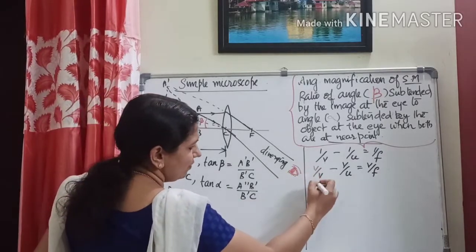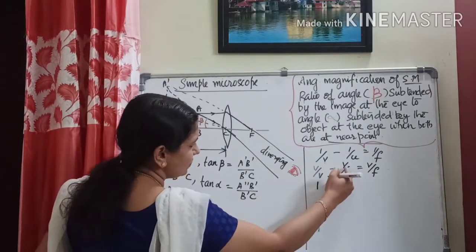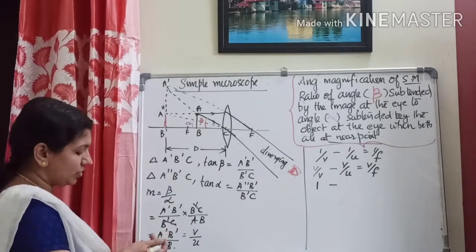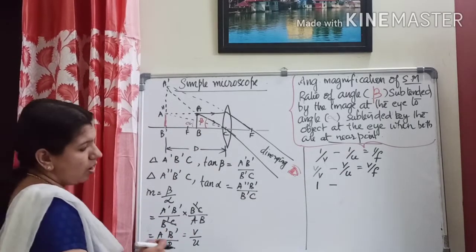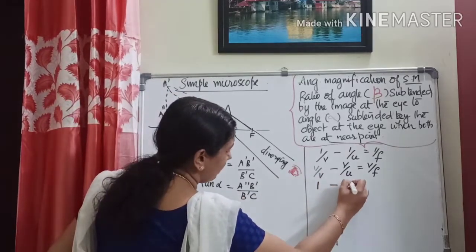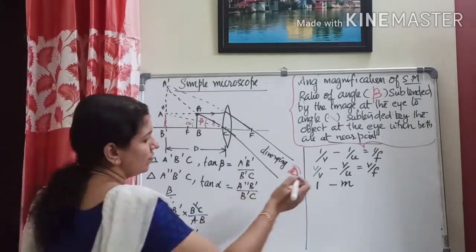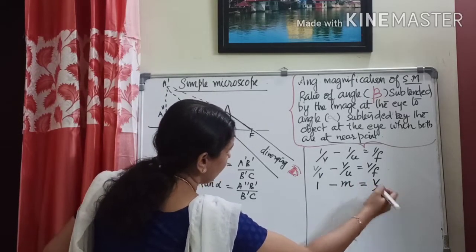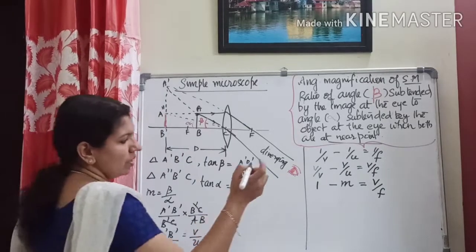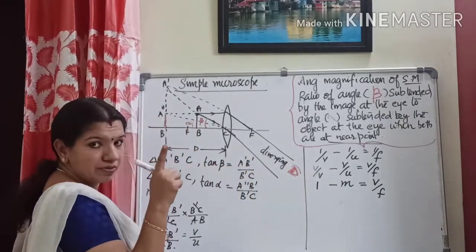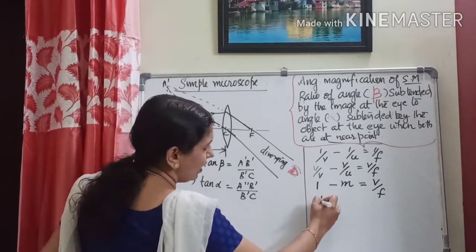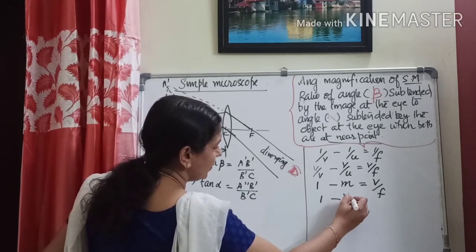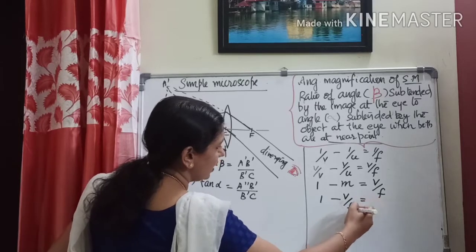Now V by V is 1, minus V by U is actually the linear magnification, height of the image by height of the object, that is m. Okay, which is equal to V by F. Now listen, you have to find the magnification, right? So 1 minus V by F is equal to m.